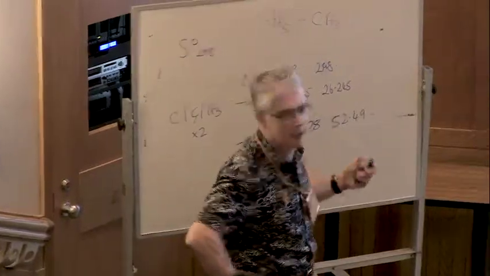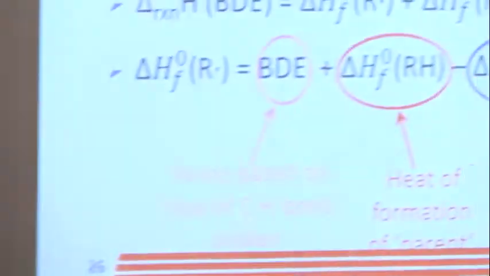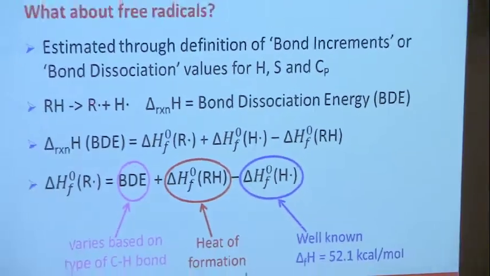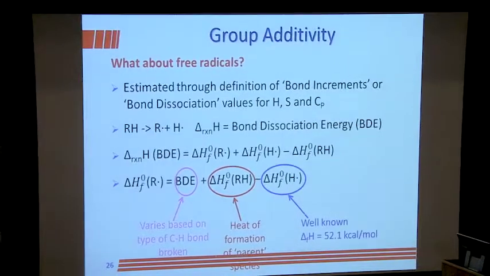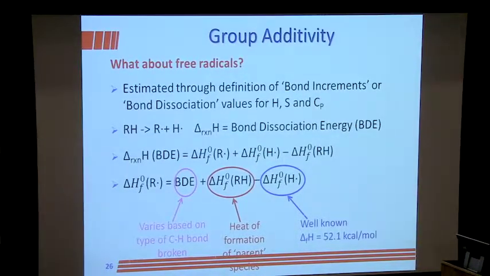Okay, so if we look at this reaction, we have a stable molecule giving two radicals, well, a radical and a hydrogen atom. So in this case, we have a CH bond breaking. Okay, so let's just take, for example, ethane.